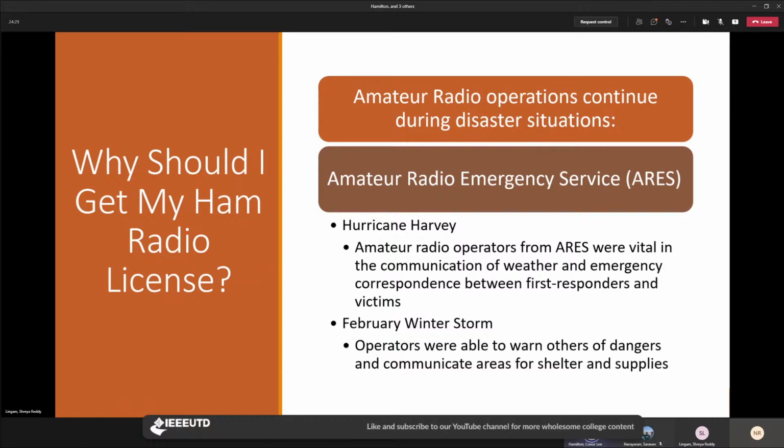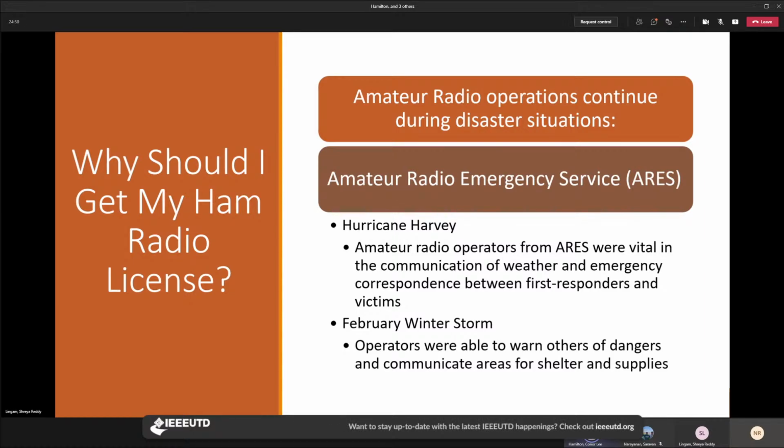And another thing that is pretty interesting about amateur radio is it continues to be operated in disaster situations. One community specifically called ARES is the Amateur Radio Emergency Service. So if you think back to Hurricane Harvey, I personally used to live in Houston for a number of years.